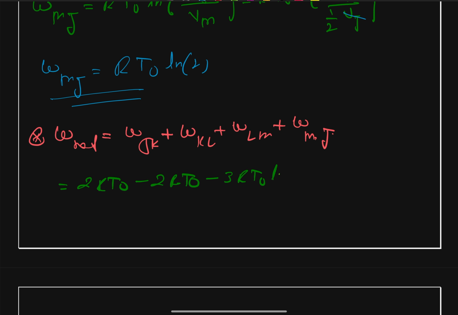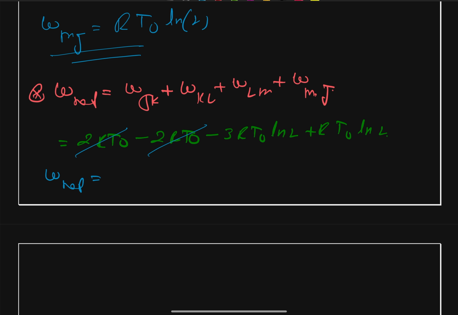So we get that our W net will be equal to minus of 2 R T naught natural log of 2.